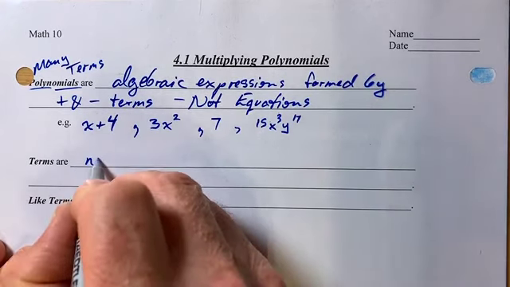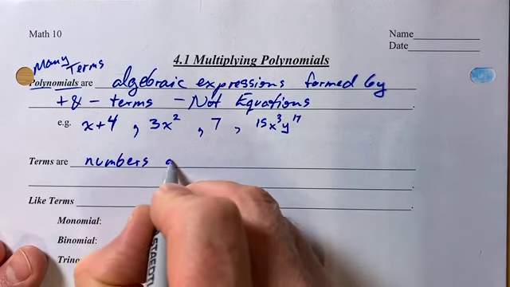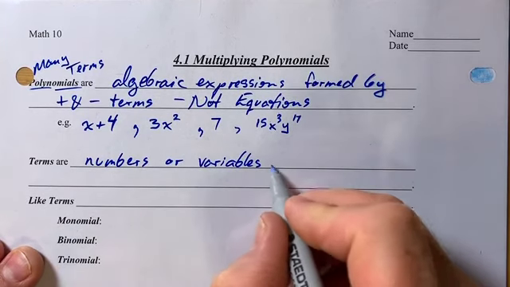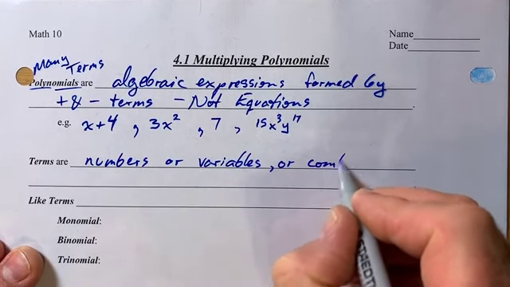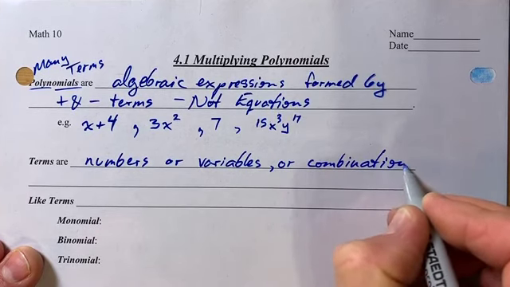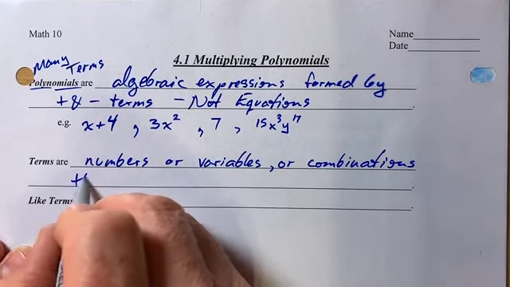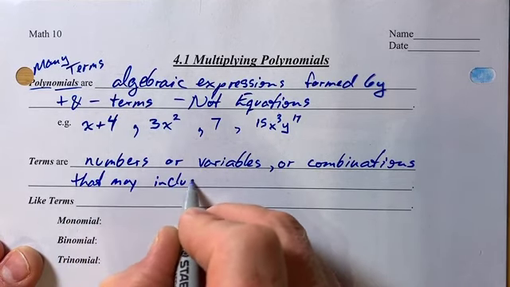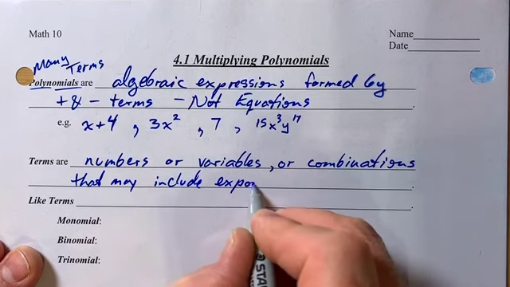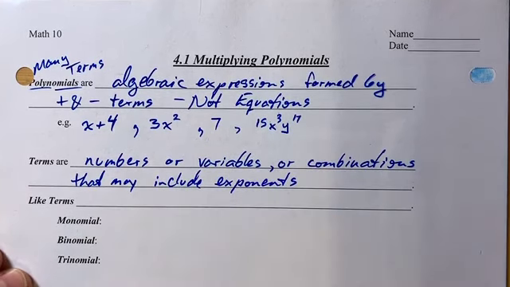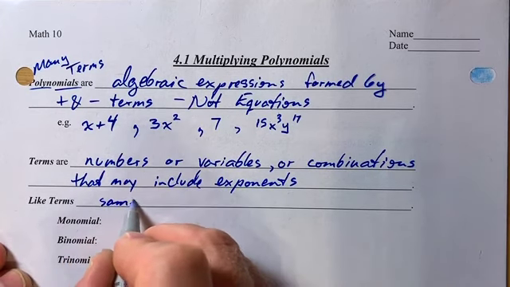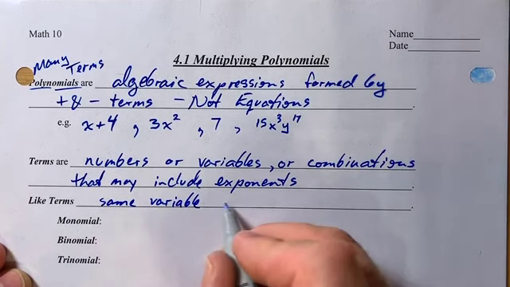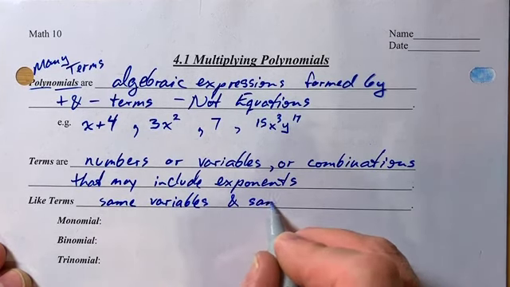So what terms are: these are numbers or variables, or combinations of them, or combinations that may include exponents. Like terms means that they have the same variables, like x or y or whatever, and the same exponents.